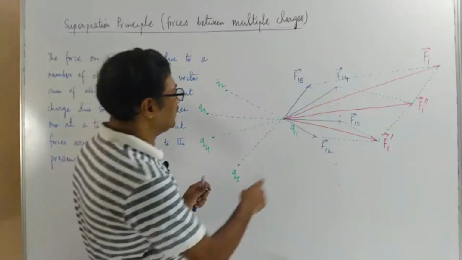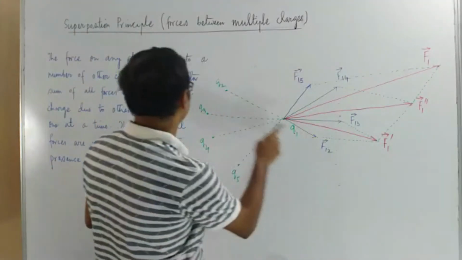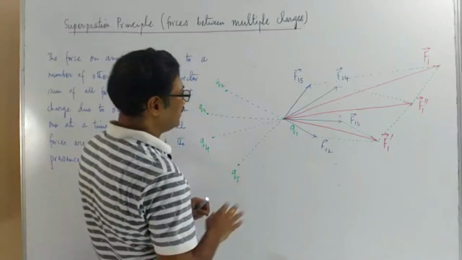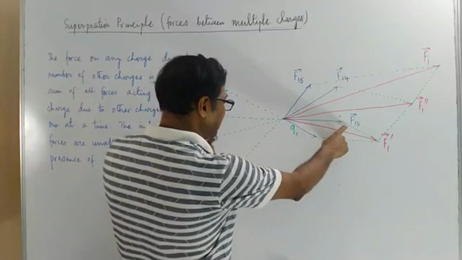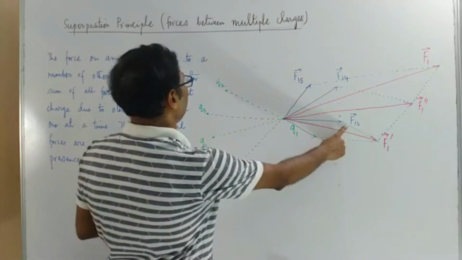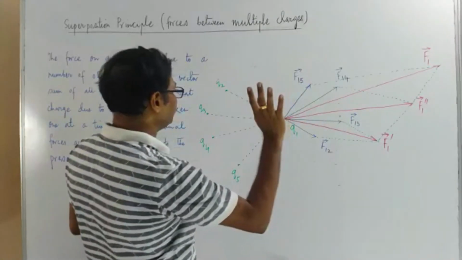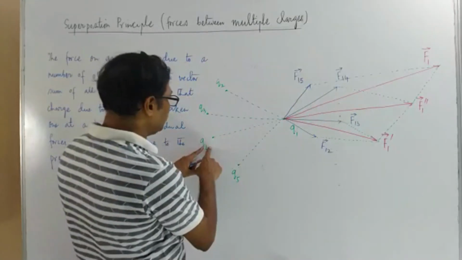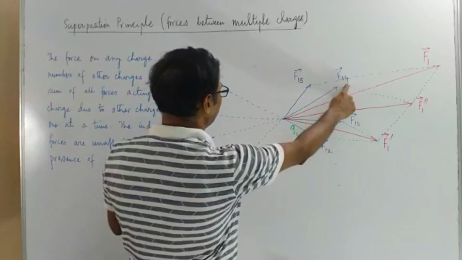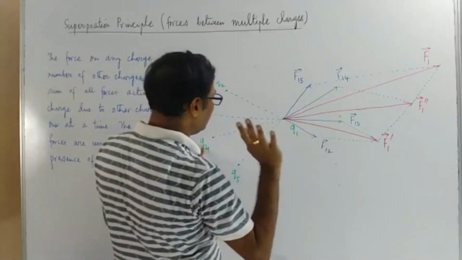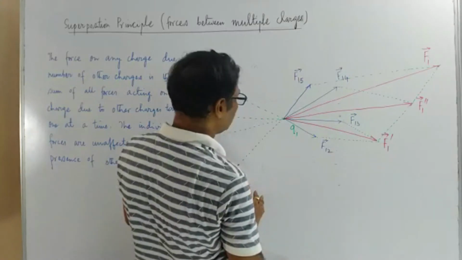So I am calculating F12, it means that effect of Q3, Q4, Q5 can be neglected. When I am calculating F13, effect of Q2, Q4, Q5 can be neglected. When I am considering Q4, that means F14, the effect of Q2, Q3, Q5 can be neglected, and so for Q5.